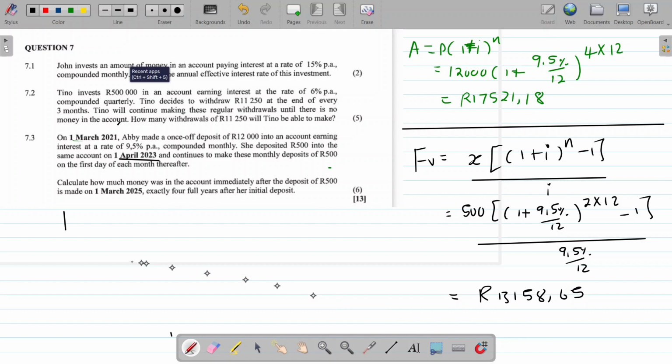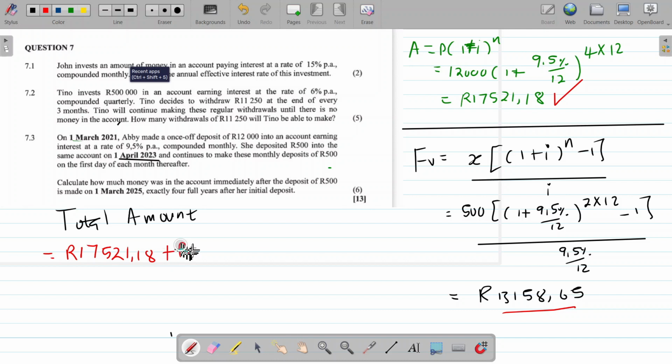So the total amount would be the addition of these two things: the 12,000 that she placed, which ran for 4 full years, and the annuity of 500 rands that she was paying every month. So it's going to be 17,521.18 plus 13,158.65.